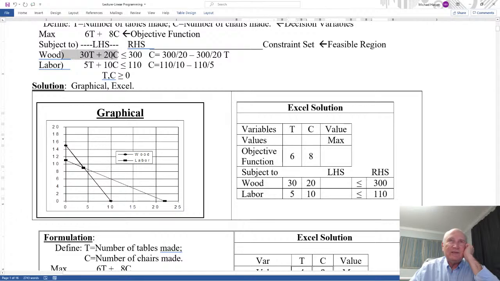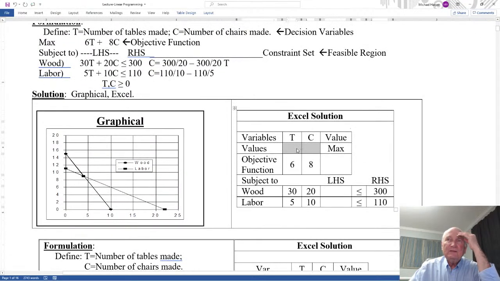Take my constraint set 30, 20, and put it here. 5 and 10, put it here. And then 300 and 110, and put them over here. Okay. Now, my values here, this is the value of my decision variables. This is how many tables I'm making, how many chairs I'm making.